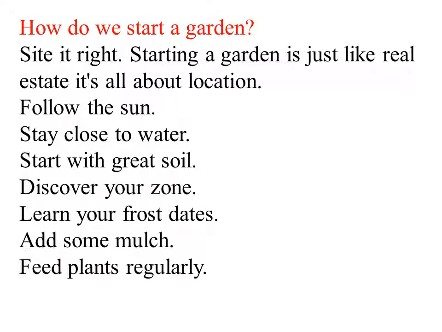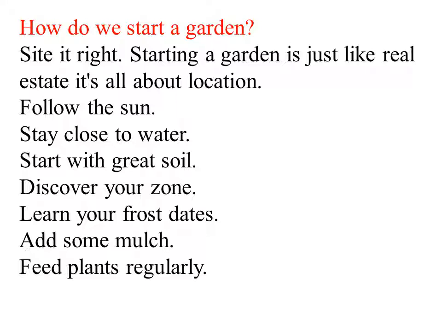How can we start a garden? First of all, we have to select the right site where the soil is good for the plants. Starting a garden is just like real estate, it is all about the location. What should be the location of a garden?